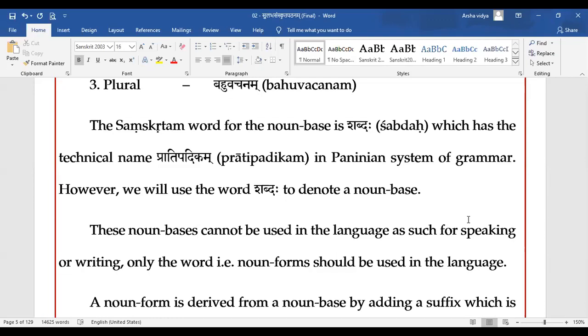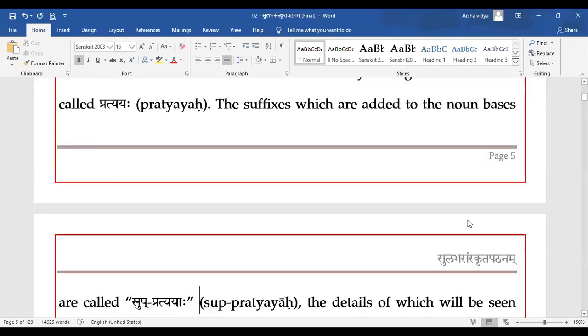A noun base is called Shabda, a noun form is called a Padam. Then only we can use it for writing, reading, speaking, for our conversation.